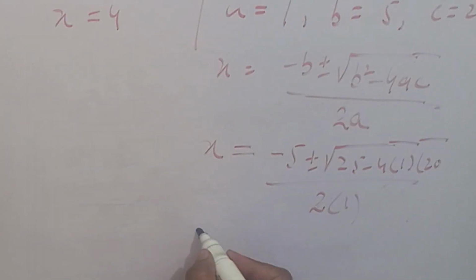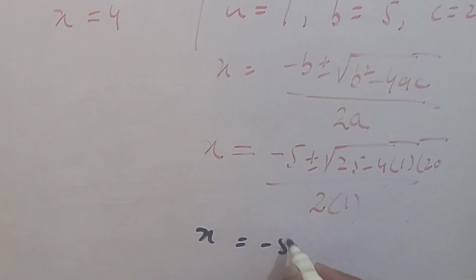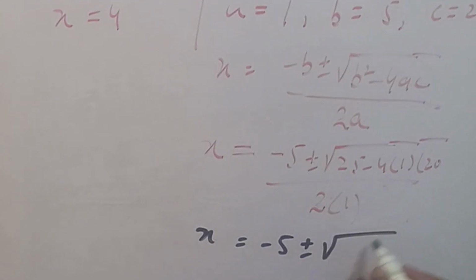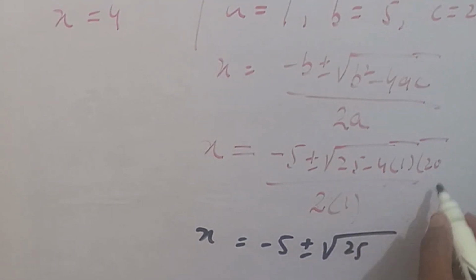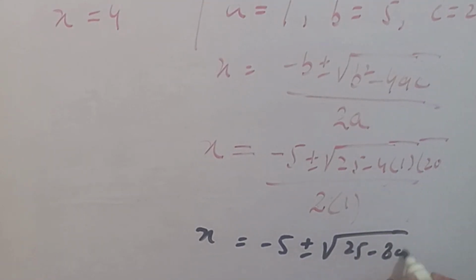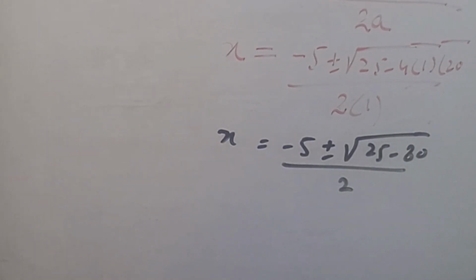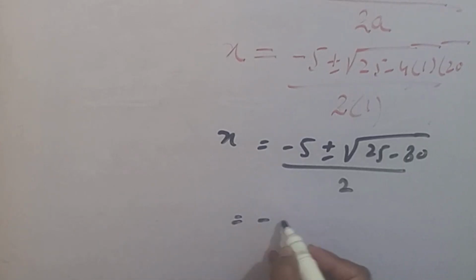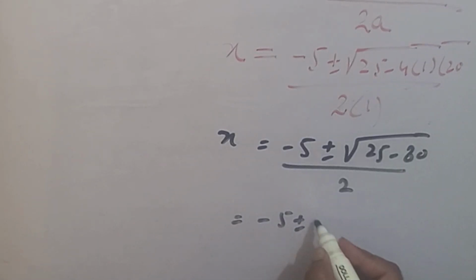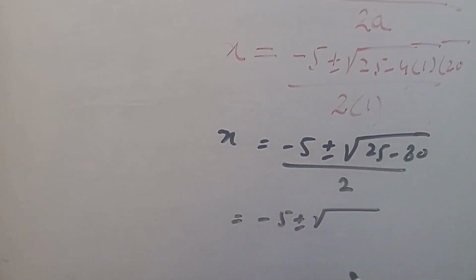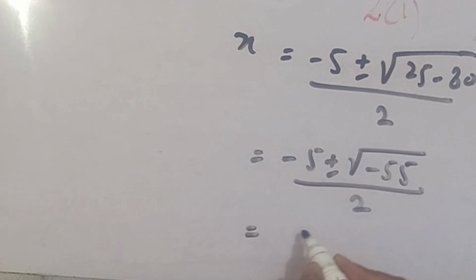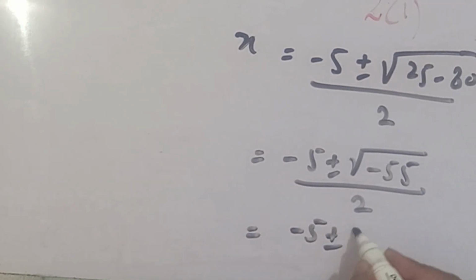Now we simplify this, so x is equal to minus 5 plus minus square root of 25 minus 80, and 2 ones are 2. So again simplify this to get minus 5 plus minus square root of negative 55 over 2, negative 5 plus minus square root 55 iota over 2.